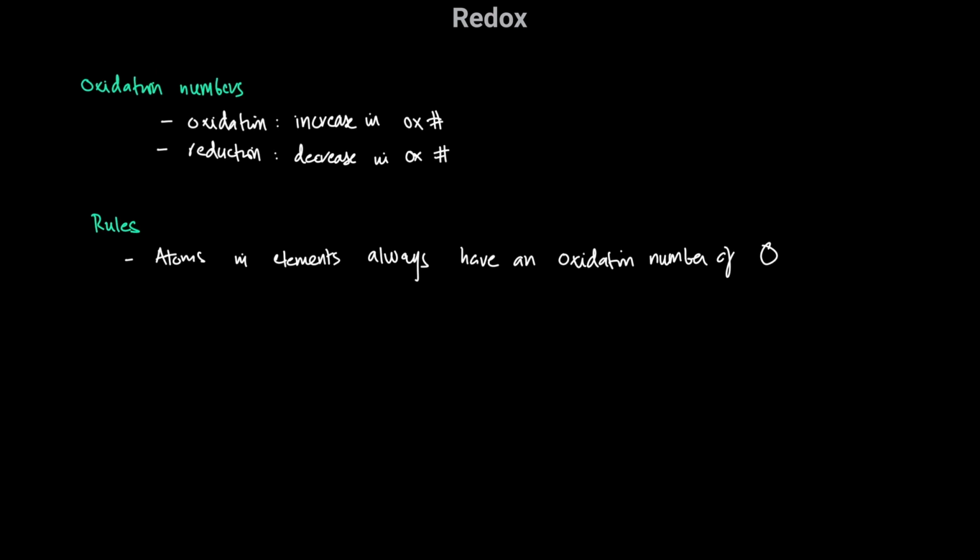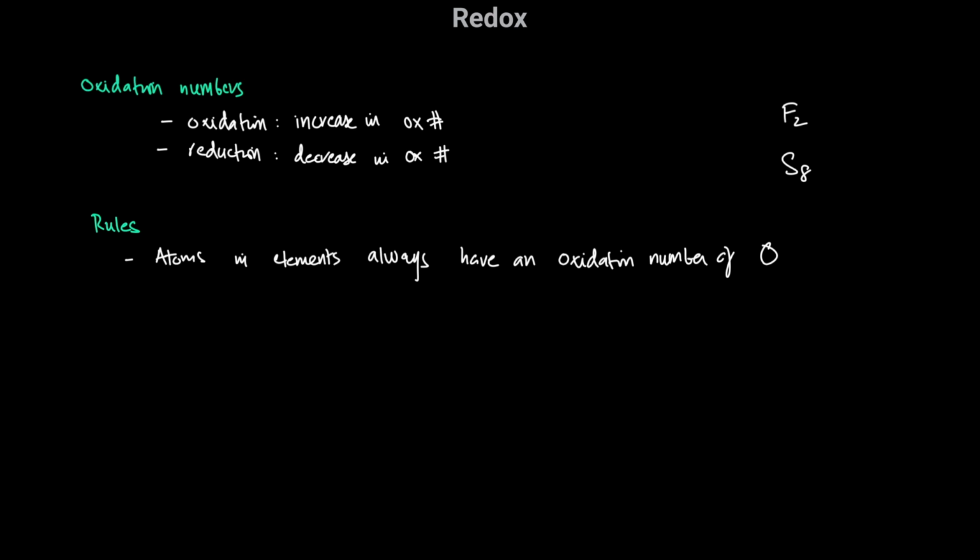So for example, if we were talking about sodium metal, what's the oxidation number of sodium? It's an element in a standard form, right? It's 0. If we were talking about fluorine gas, what's the oxidation number of both fluorine atoms? It's 0. If we're talking about sulfur solid, S8, what's the oxidation number of each sulfur atom? 0.